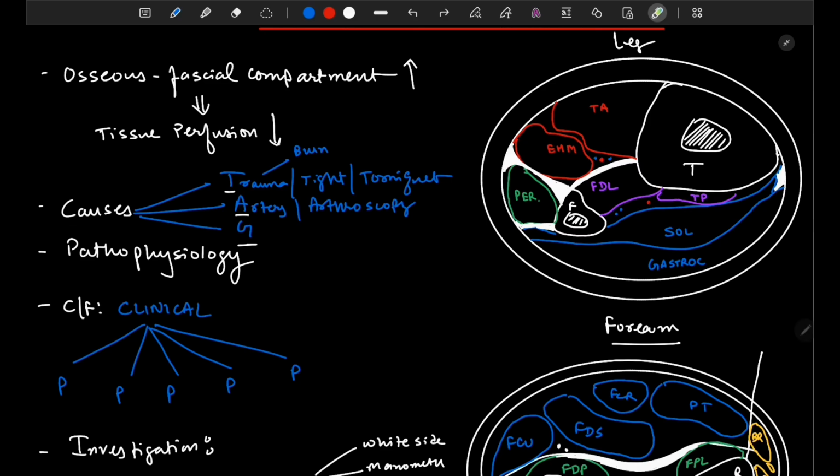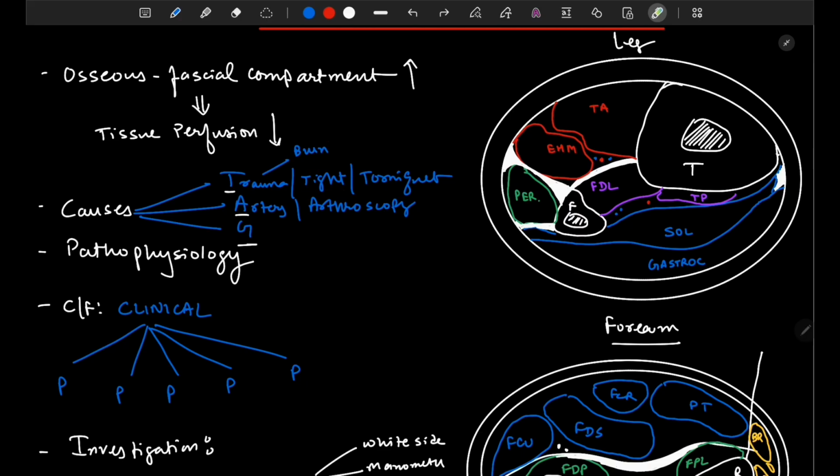We will look at the causes. In causes, we can learn a mnemonic, TAG, where T stands for trauma. Trauma can be of different types, like tibial diaphyseal fractures, distal radius fractures, supracondylar fractures, forearm shaft fractures, crush syndrome, or any soft tissue injuries. Trauma can also include burns.